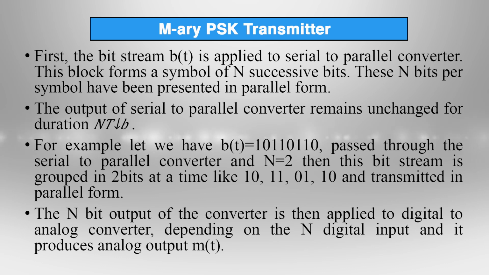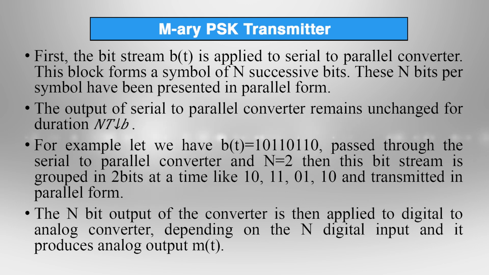Then this bit stream is grouped 2 bits at a time, like 10 is the first symbol, 11 is the second symbol, 01 is the third symbol and 10 is the fourth symbol, and these symbols are transmitted in parallel form. In the case of 8-PSK, n is equal to 3 and 3 bits are grouped together and the symbols will be formed.